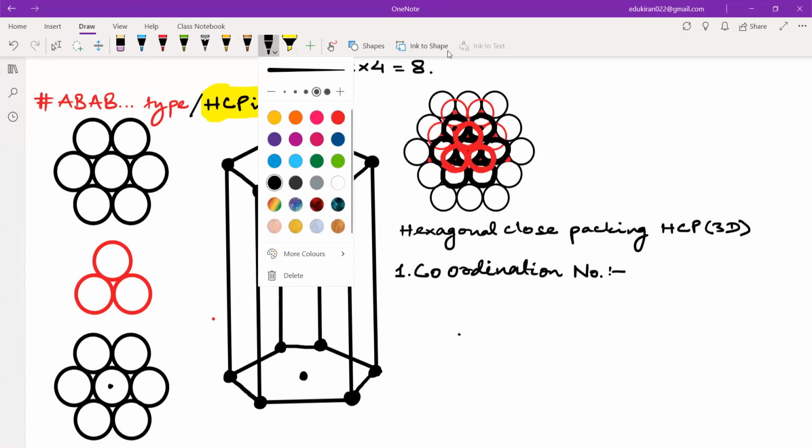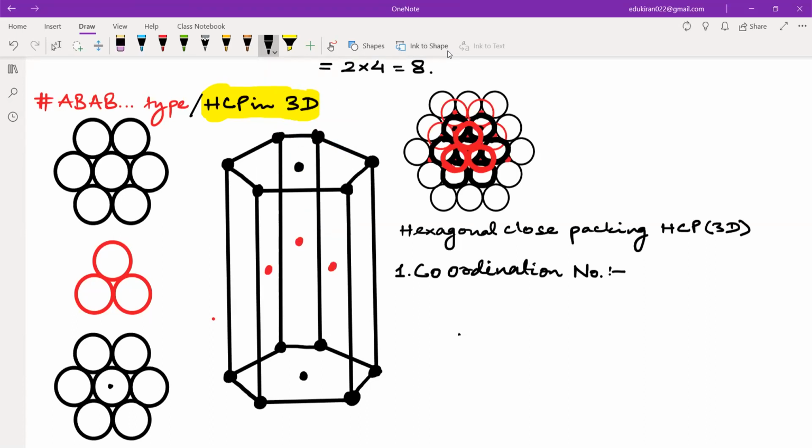And just tell me, in this one layer, it is touching 6 atoms, right? Yes, sir. Okay. And you can also see that these 3 red atoms that I have highlighted, they are present just on the top of the black atom, correct? Yes, sir. So the black atom and the 3 red atoms will make a downward facing tetrahedral void, है ना?